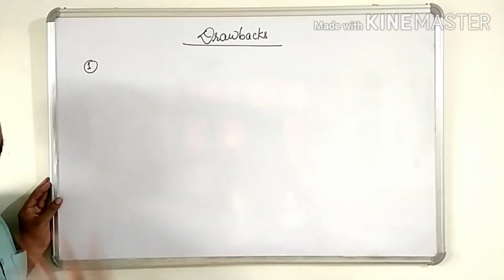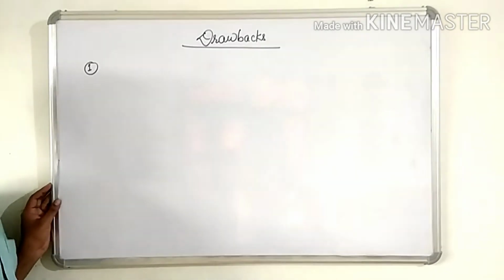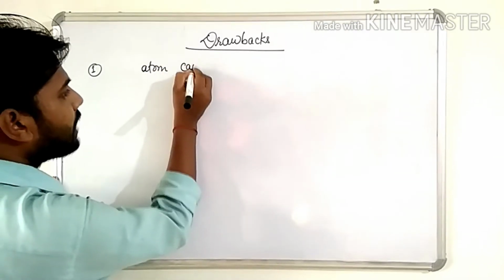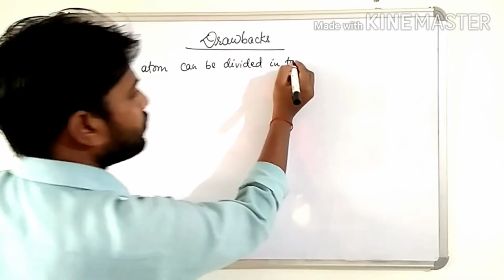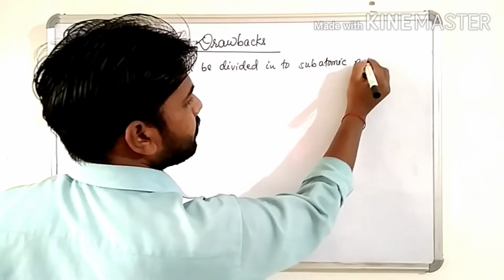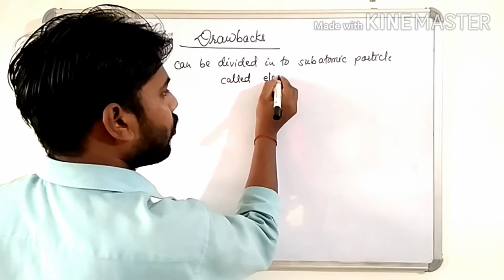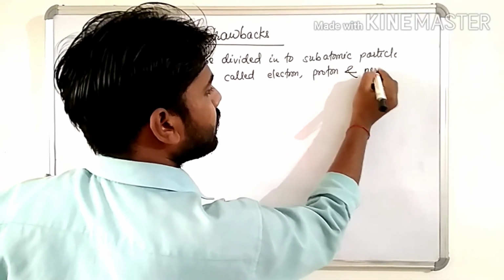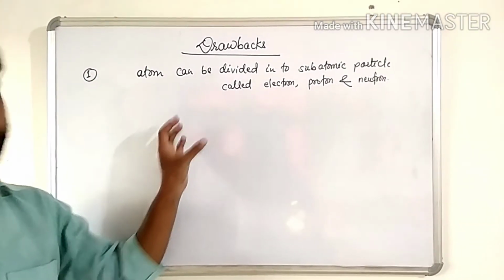But at the end of the 19th century, it was found that the atom can be divided into subatomic particles called electron, proton and neutron. This was the first drawback of John Dalton's atomic theory.